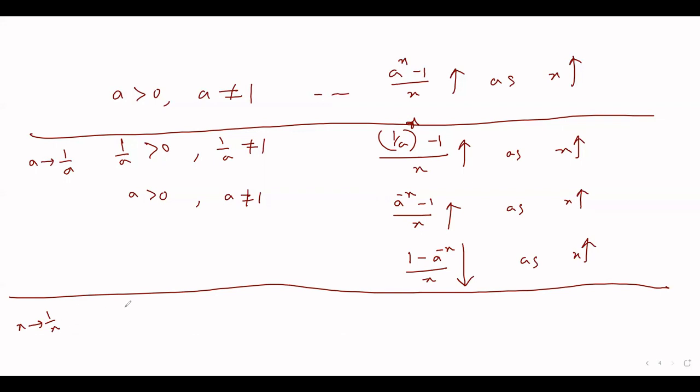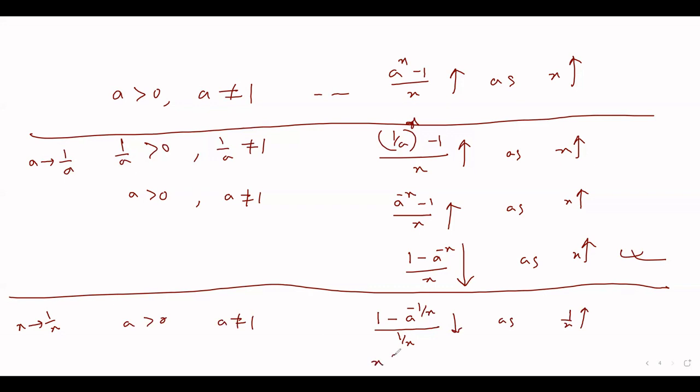Now x was irrational before, x is still irrational if you even take the reciprocal. So use the idea we just proved. a is still positive, a is not 1, and 1 minus a to the power minus 1 over x divided by 1 over x decreases as 1 over x increases.